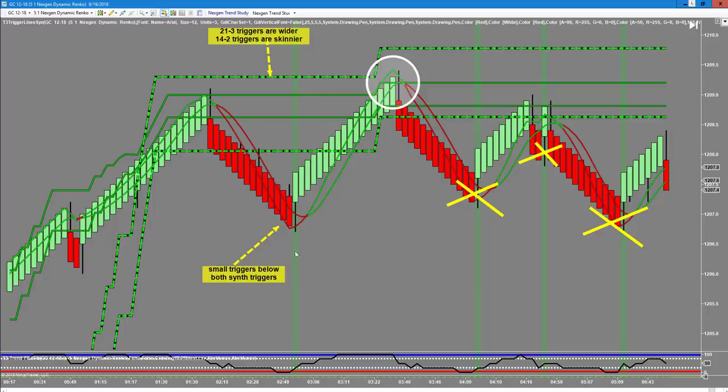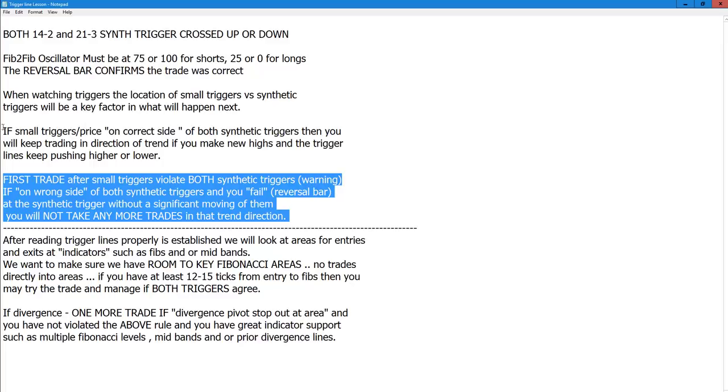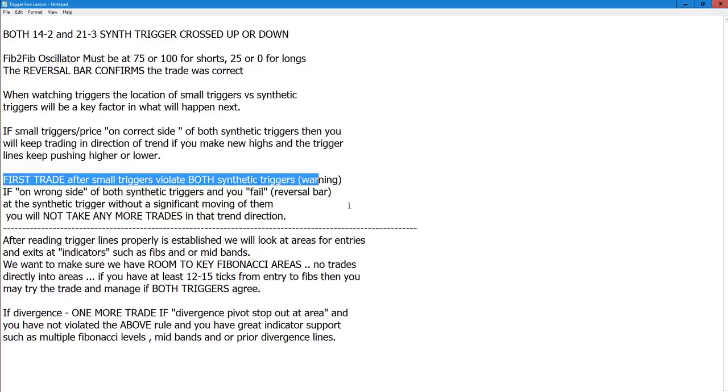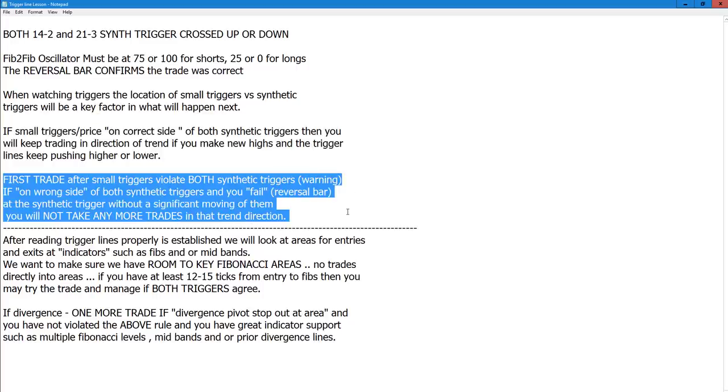So you get one attempt from the wrong side, and if it hits them and reverses or doesn't push through them, then no more. Is everybody okay with that? I just want to make sure you're good with the rules here before we get going. So if you're on the right side, we'll keep going. First trade on the wrong side, if it fails to get through the triggers, we'll stop.